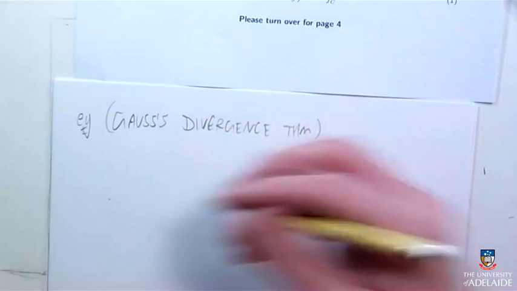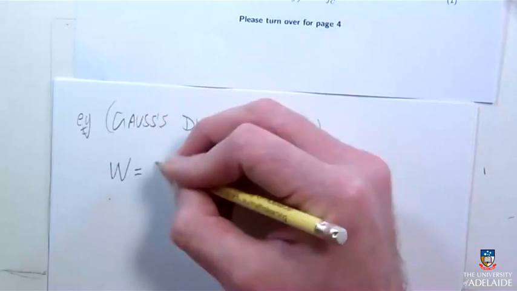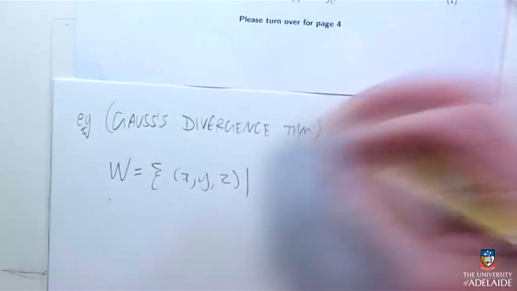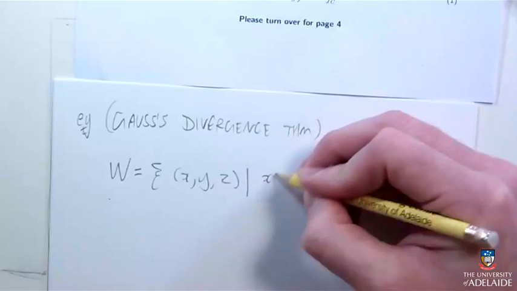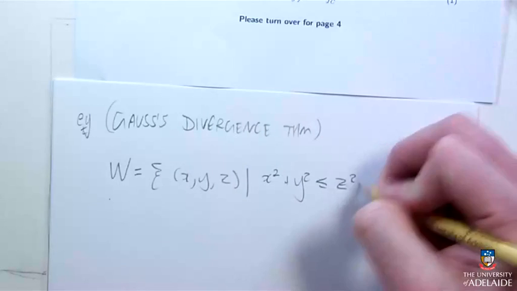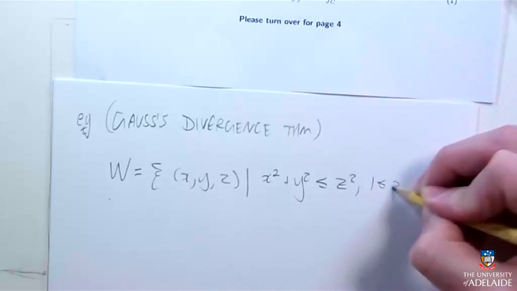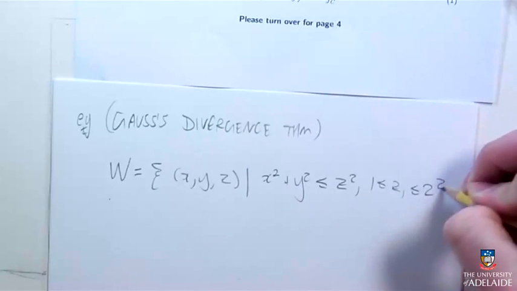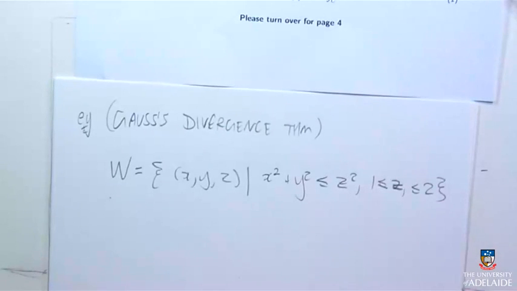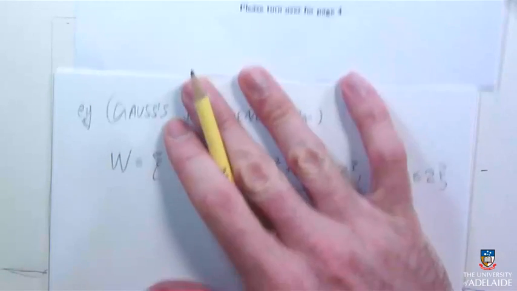Okay, so what we have is this region. I'm going to ignore the r cubed if you don't mind. That's a Z. I'll do all the other stuff in a minute.